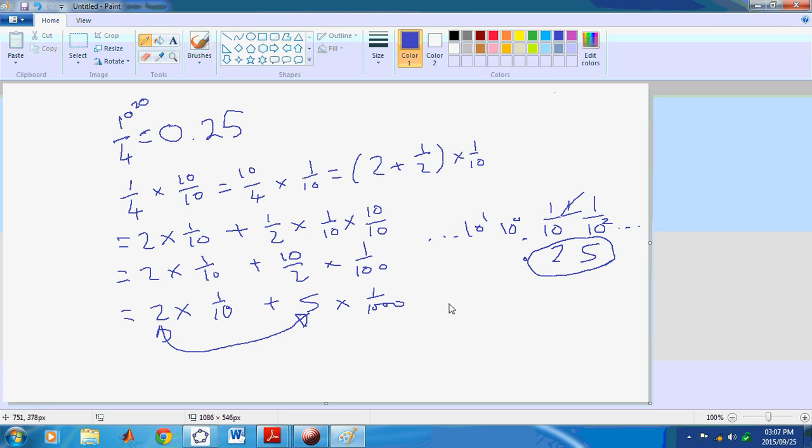then you would say a quarter times 7 over 7. And that would be 7 over 4 times 1/7, which is the same as 1 plus 3/4 times 1/7, which gives us 1 times 1/7 plus 3/4 times 1/7 times 7 over 7. And again, you'd have that.